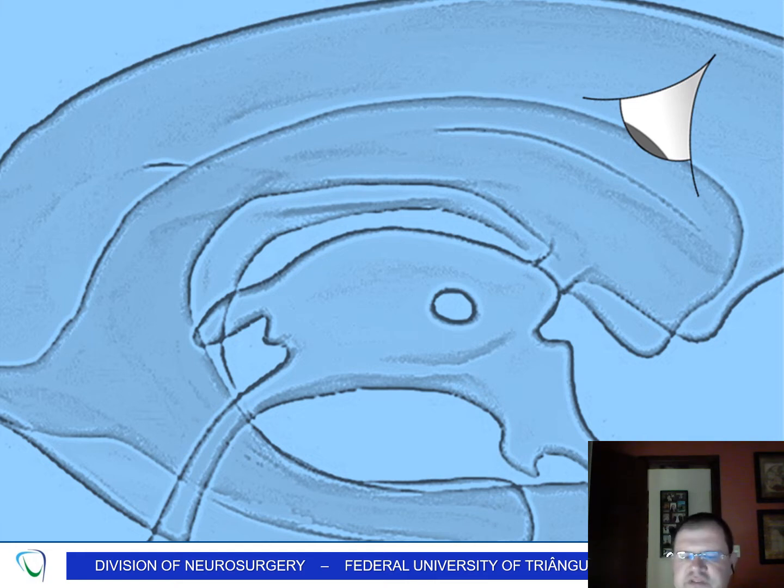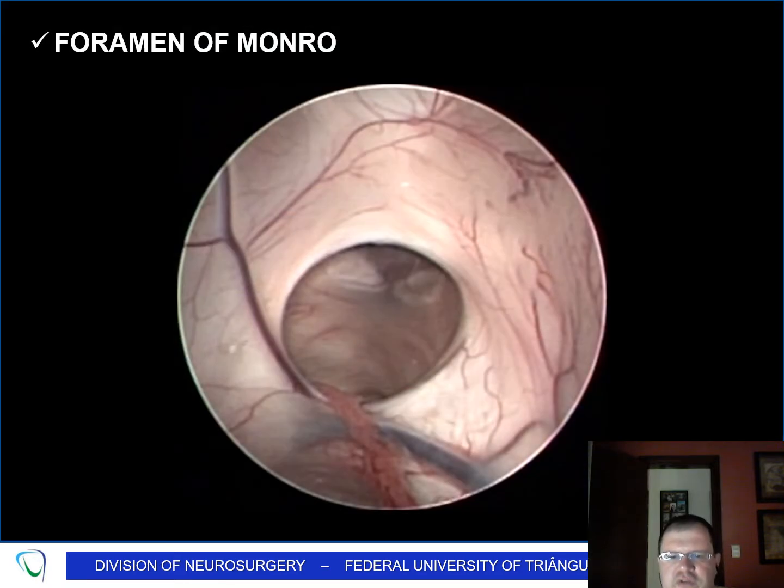After entering the lateral ventricle, the first view we see is the region of the foramen of Monro. It's a very important structure because it's the gate for entrance into the third ventricle. The main structures in this region are the anterior septal vein here and the superior thalamostriate vein here.